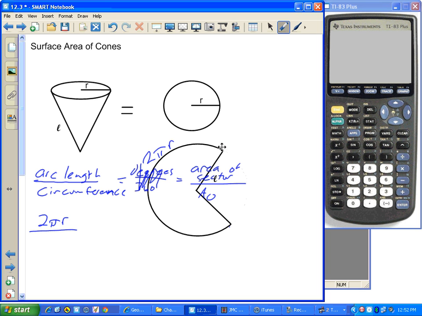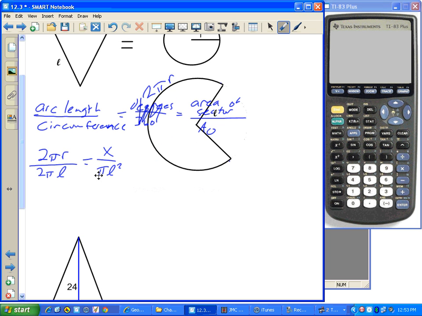If I put that over the circumference of this circle, with a radius of L, it would be 2 pi L. And this should equal the area of this piece, which we don't know, over the area of this whole big circle here, which would be pi L squared.